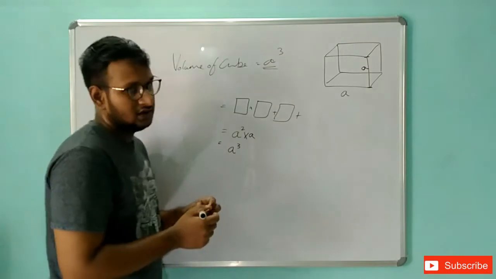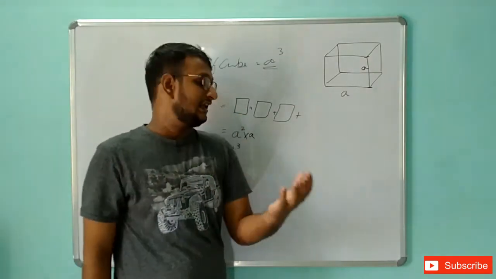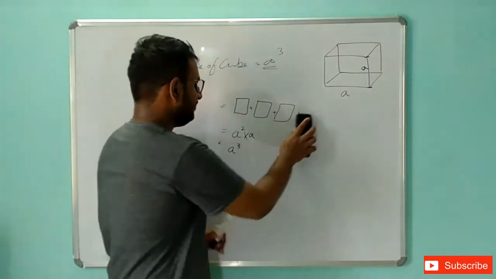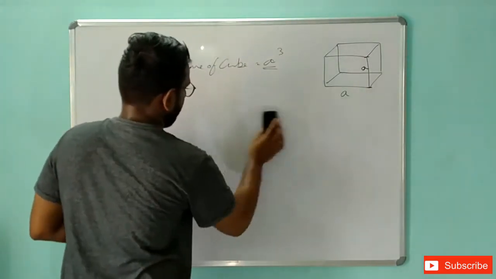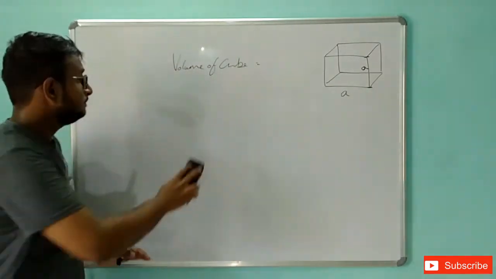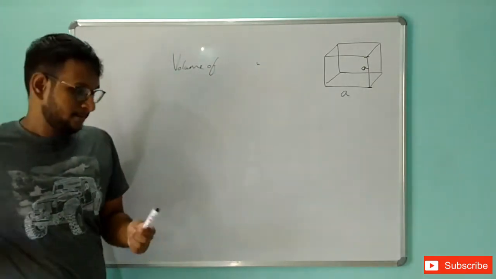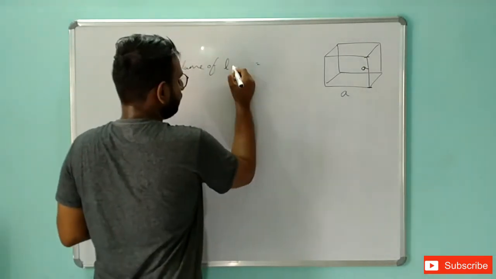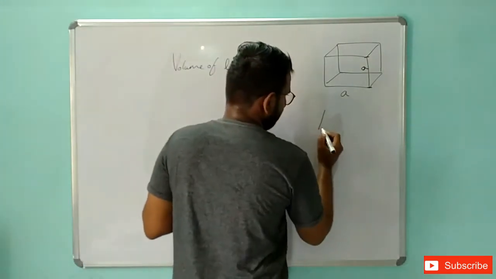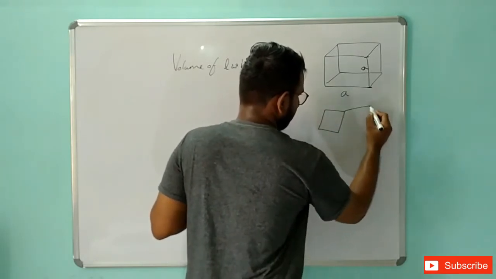Now let's see about rectangular prism. This concept is also the same as the cube concept, where we will be having the formula length into width into height.